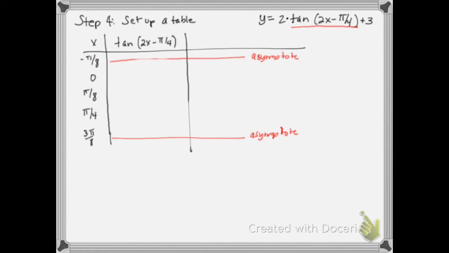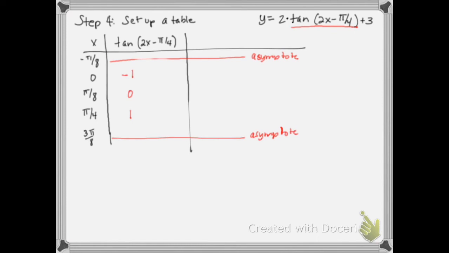When I substitute 0 for x, I get 2 times 0, which is 0, minus pi over 4, which is negative pi over 4. So I'm taking the tan of negative pi over 4. That's in the fourth quadrant, and that value is just negative 1. Plugging in pi over 8, I should get 0. And if I plug in pi over 4, I should get 1. So if you're looking just at the tan of the argument, you should always get negative 1, 0, 1.